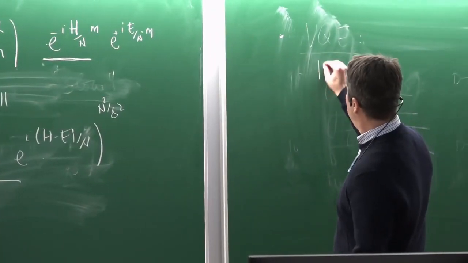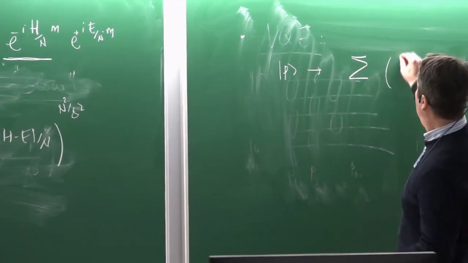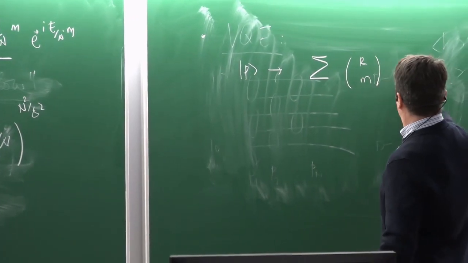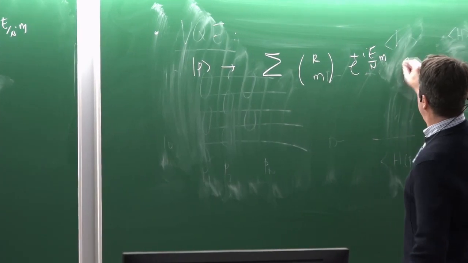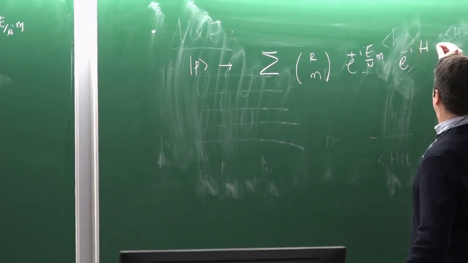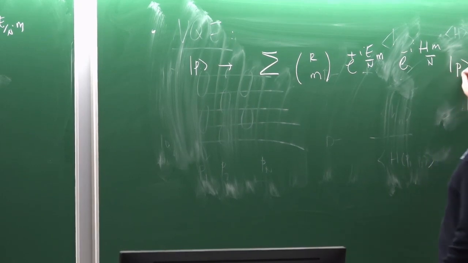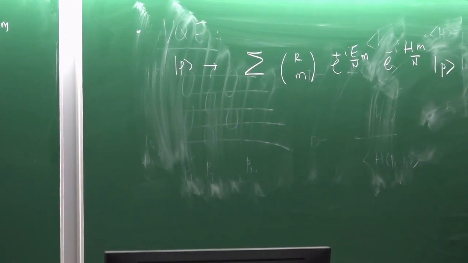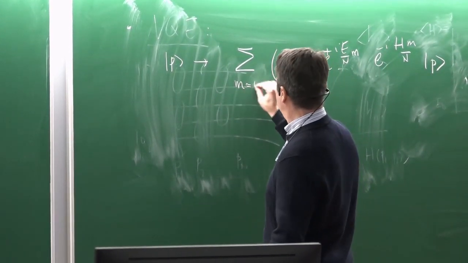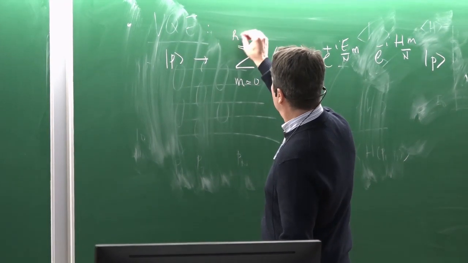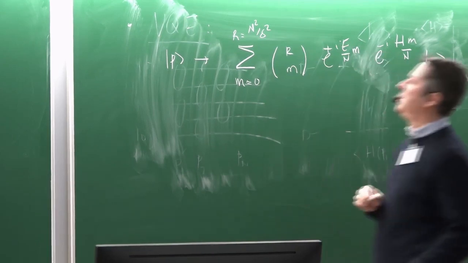The state P would go to the sum of these, R over M, times e to the minus I H M divided by N times the state. So this is the state that you have, and this M will go from 0, and then this R, which is not precise what I'm writing here, but this is what you have.